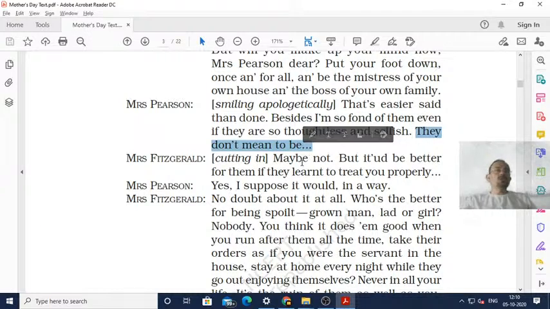They don't mean to be selfish, but somehow they are selfish. So she is trying to make up for the rude behavior of her children with this statement. Then Mrs. Fitzgerald said, maybe they don't mean to be so rude, but of course they must understand that they should treat you properly.